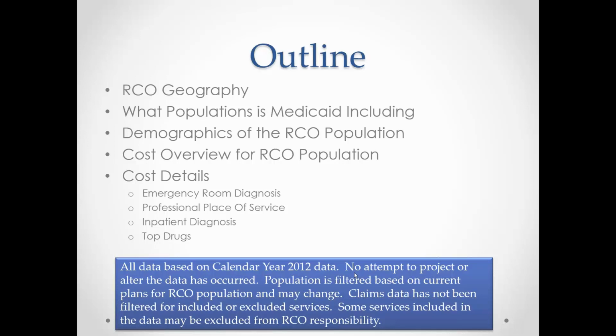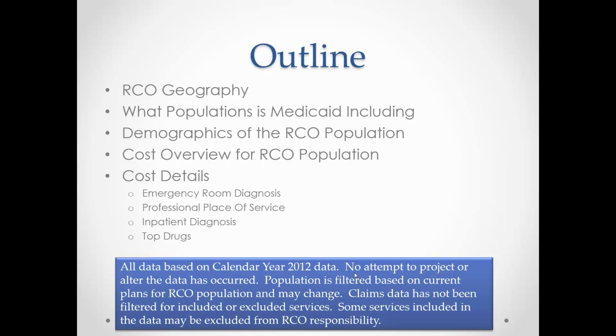All of this information is based upon calendar year 2012. No attempt to project or alter the data has occurred. The population is filtered based on the current plans for the RCO population and may change. Claims data has not been filtered for included or excluded services, and some services included in the data may be excluded from RCO responsibility.